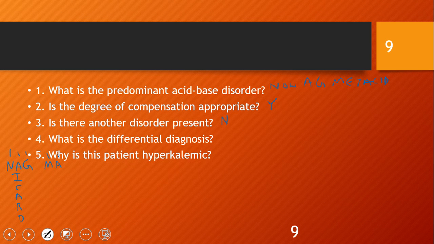So then I card stands for isopropyl alcohol, I can't remember all these off the top of my head. Oh, this is bad. I may have to look it up. I think this was diarrhea.